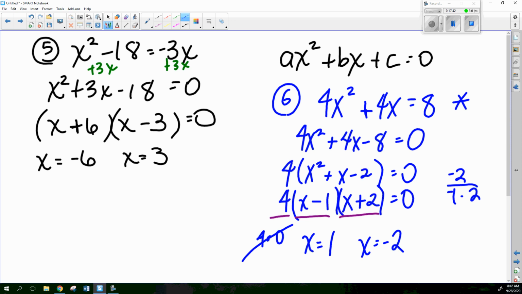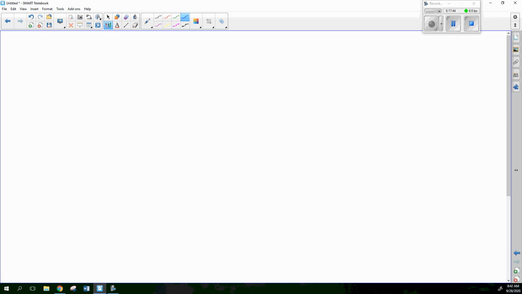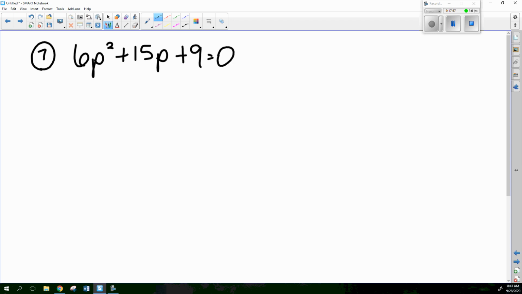All right, let's bump it up another notch because there's one major type of factoring we have not reviewed. 6p squared plus 15p plus 9 equals 0. So I'll already make it equal to 0 for you.